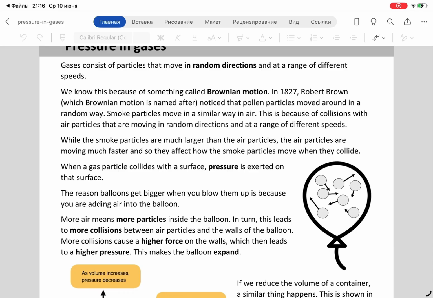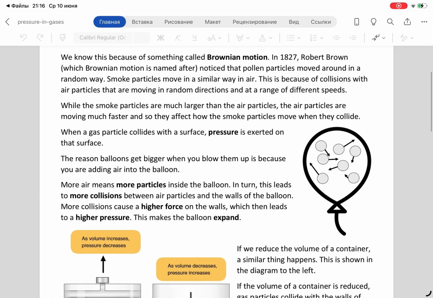When we're talking about gas particles inside a container, we see that gas particles collide with the surface and with each other, and pressure is exerted on that surface. The reason balloons get bigger when you blow them up is that you are adding air into the balloon, which means you are increasing the number of particles inside.